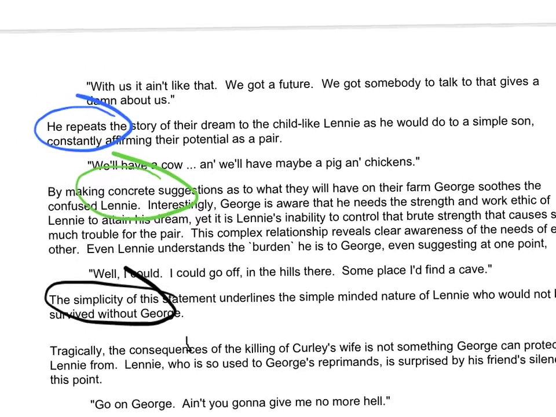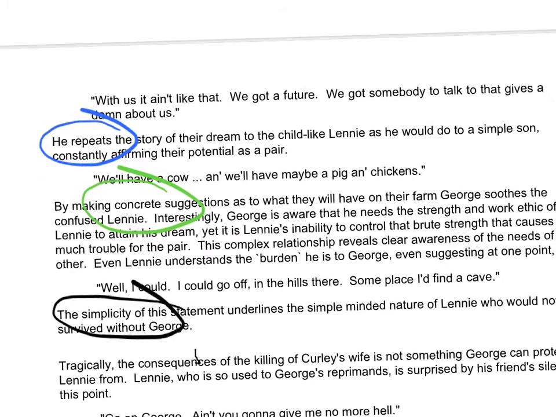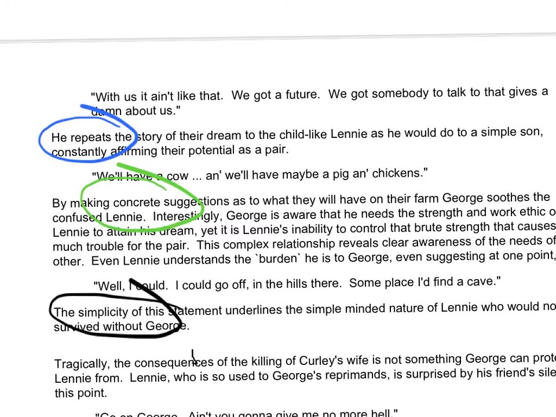Okay, if we look at the first one, bring our attention to this area right here: he repeats the story of their dream to a childlike Lenny as he would do to a simple son, constantly affirming their potential as a pair.